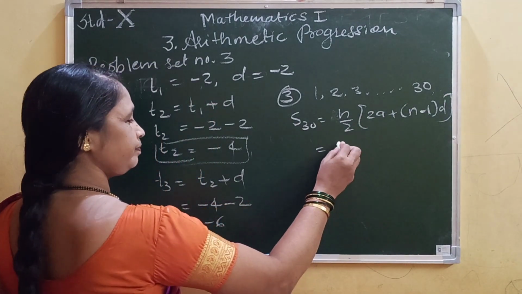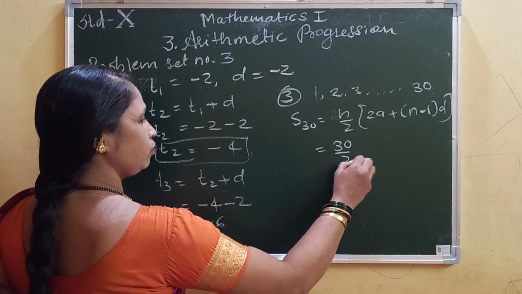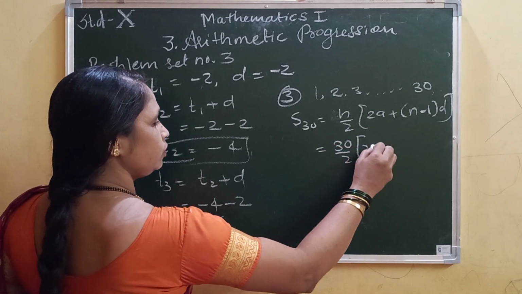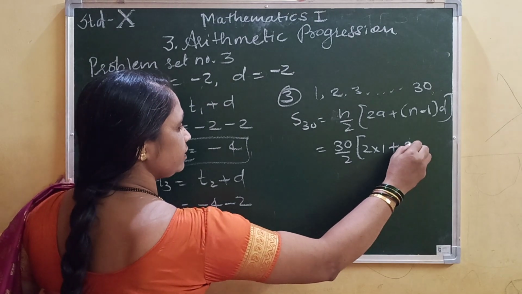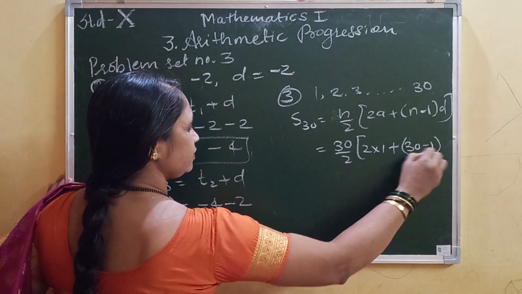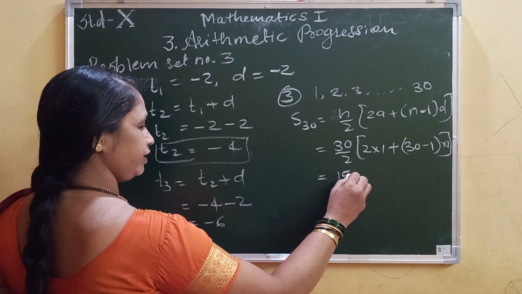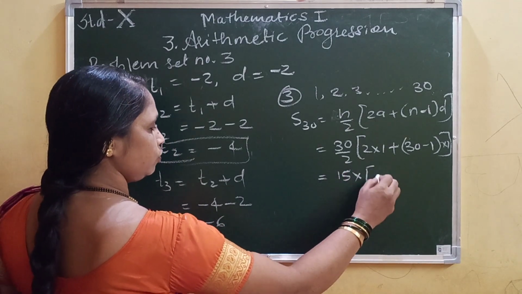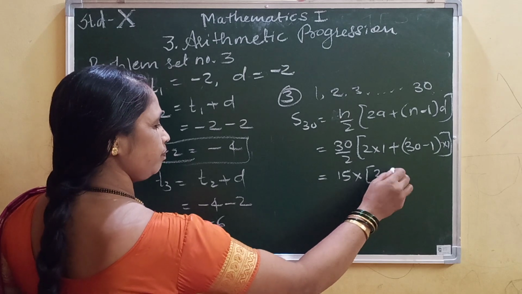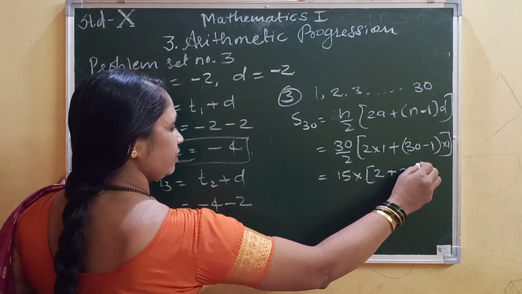So it will be what? 30 upon 2 into 2 into 1 plus 30 minus 1 into 1. Difference is 1. Okay, so 15 into 2 plus 29.